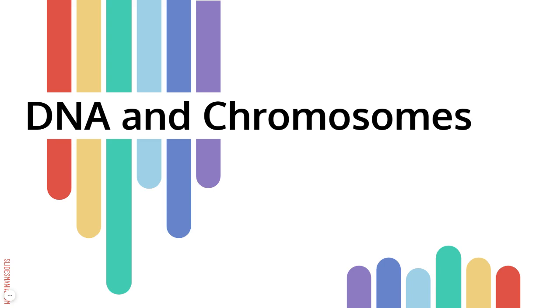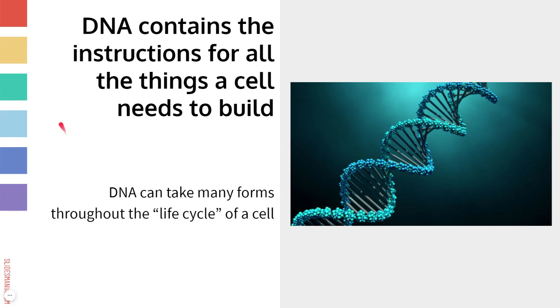So we're going to be paying particularly close attention to what the DNA looks like at different life stages of a cell and knowing what characteristics to look for when we're thinking about DNA. I think it'll be helpful as we're thinking about the cell cycle and mitosis or cell division.